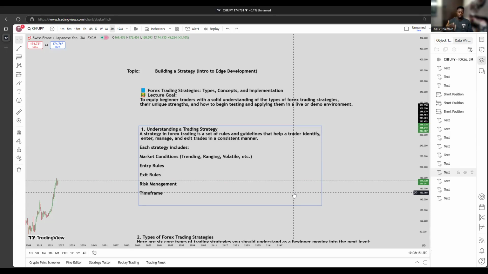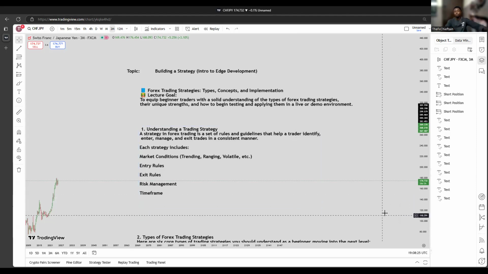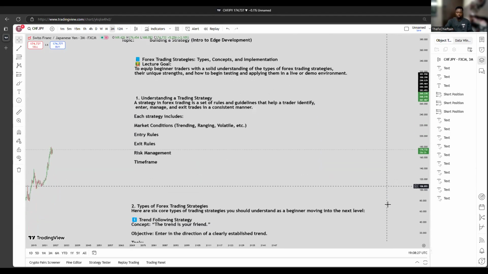We want to tell beginner traders who are going to be transitioning to the intermediate class the unique strengths and how to begin testing and applying them in a live or a demo environment. Then we went down to understanding the trading strategy. We said that a strategy in Forex trading is a set of rules and guidelines that help a trader identify, enter, manage, and exit trades in a consistent manner.